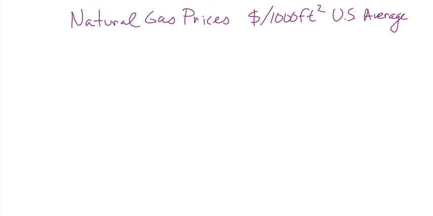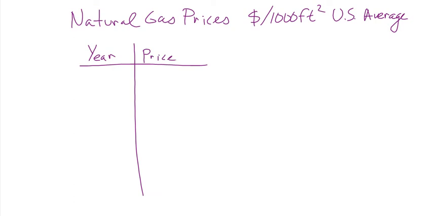So the data comes out of the United States, and it's dollars per 1,000 cubic feet, US average, and here are the numbers. So we'll go with year and price. So 1980, so the years are 1980 through 1990 inclusive.